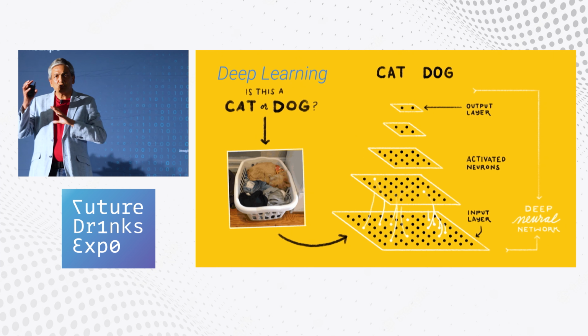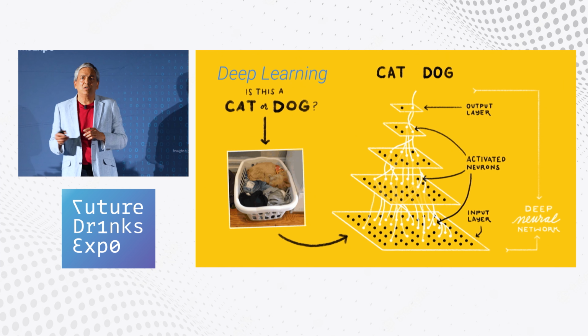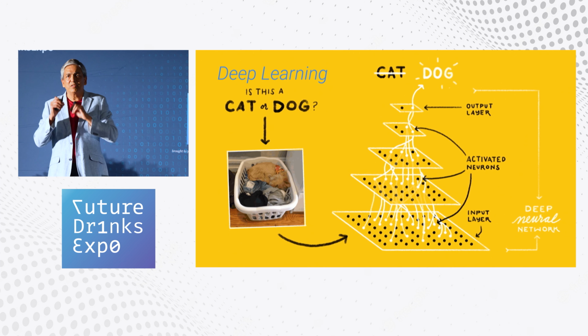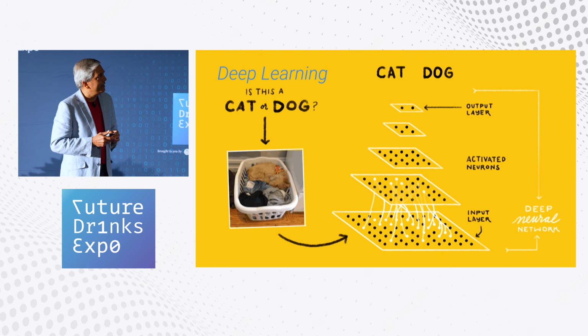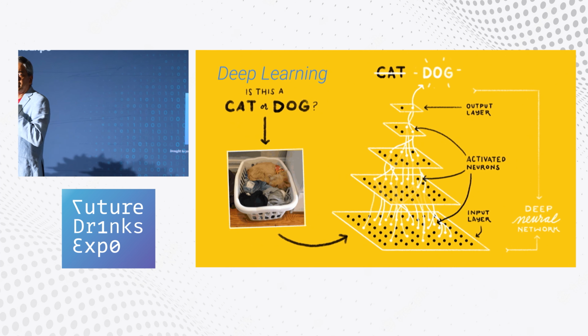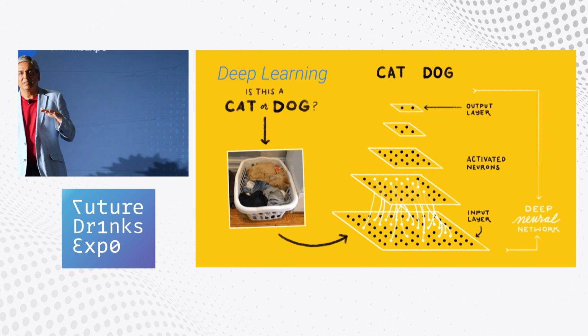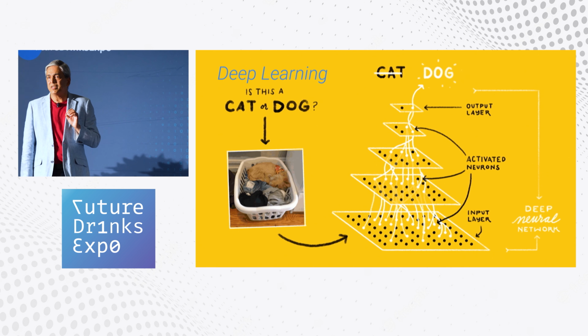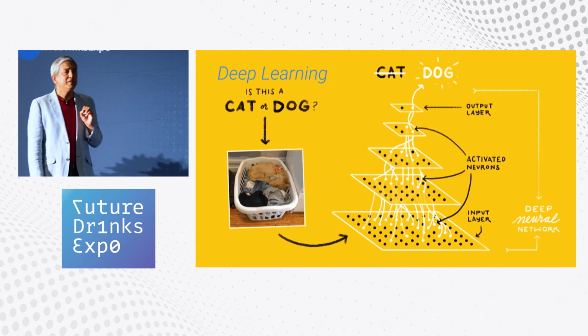And instead of writing rules for recognizing cats versus dogs, or all of the sort of curves and furry characteristics you might need, let's just feed all of the dots in the image into a layer of what we call neurons, very simple computing units, loosely modeled after the human brain.